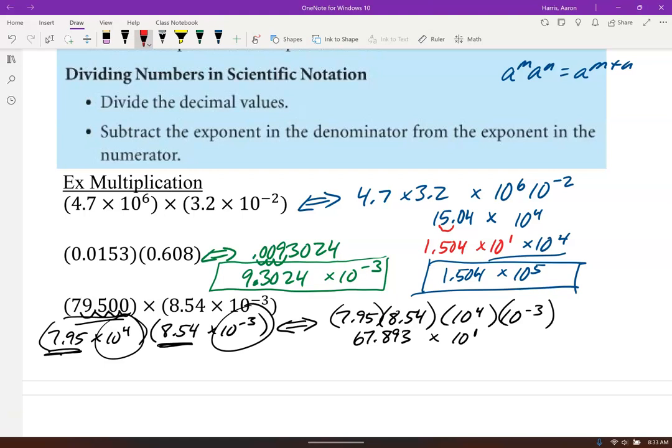But notice this is not in scientific notation. I got to move that over. So it'll be 6.7893 times 10 to the 1. And then I still have that other 10 to the 1. So it'll be 6.7893 times 10 squared. Because I got 10 to the 1 times 10 to the 1.